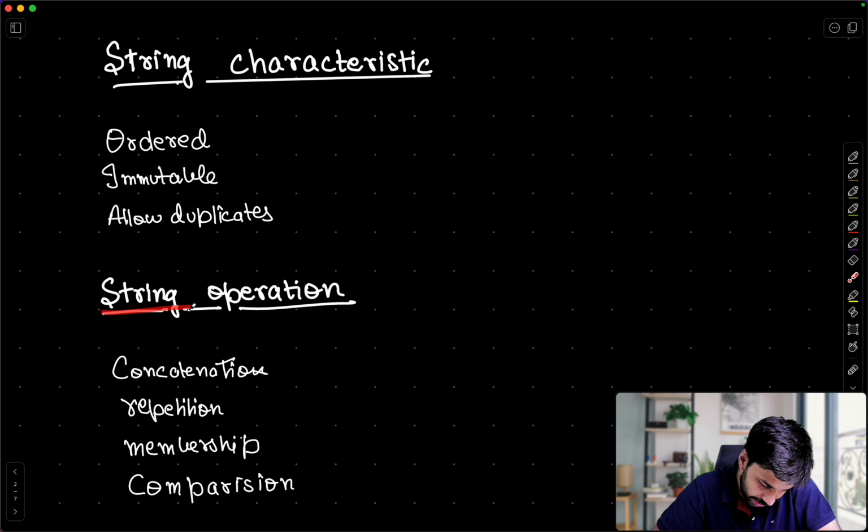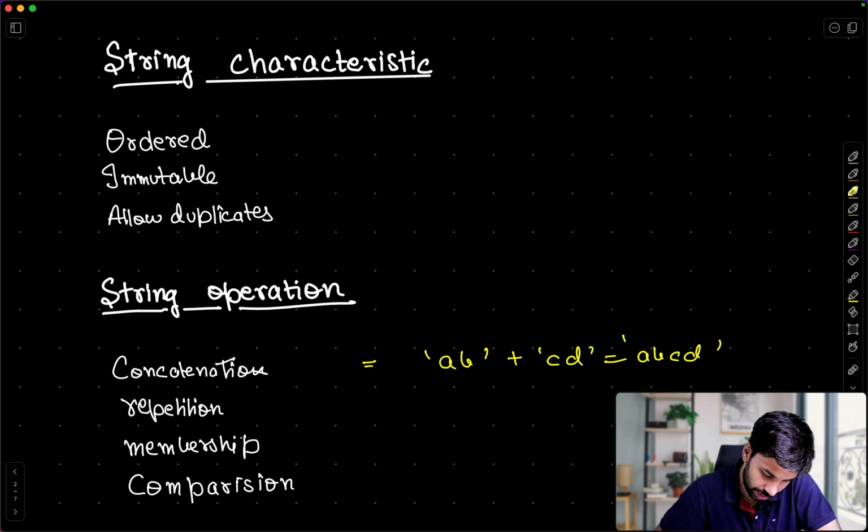Now there are string operations as well. There is concatenation: if you do AB plus CD, you get ABCD. There is repetition: you can do AB into 2 and you get ABAB.